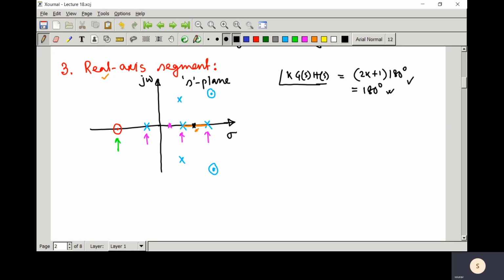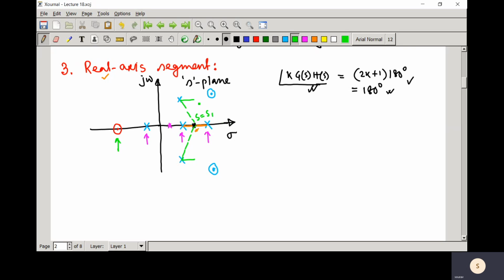Now we are interested to see what would be the angle contribution whenever we have complex conjugate poles and zeros. So let us see. This is one complex conjugate pole pair, and suppose we have taken this particular point, s equal to s1, a point in the root locus on the real axis.